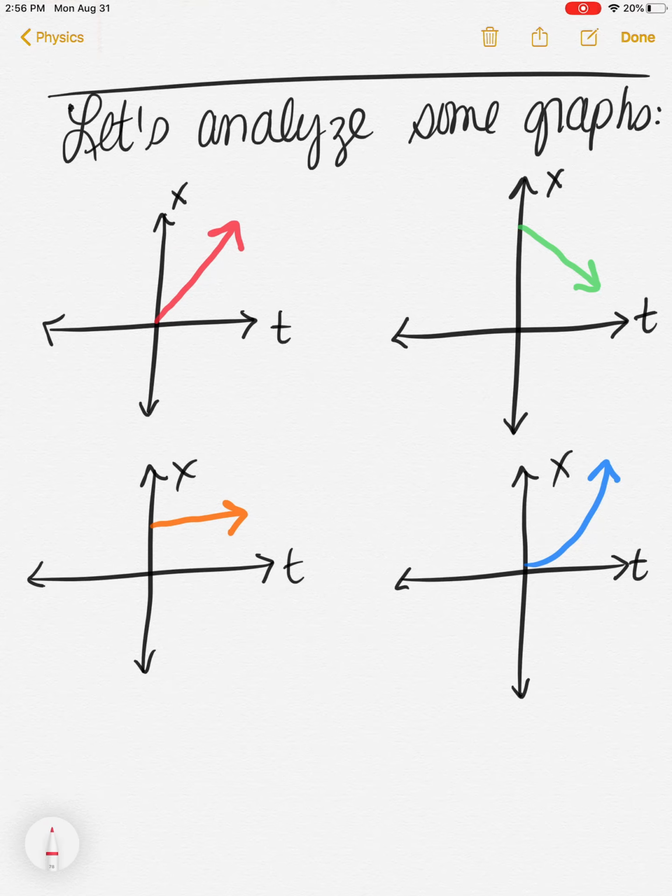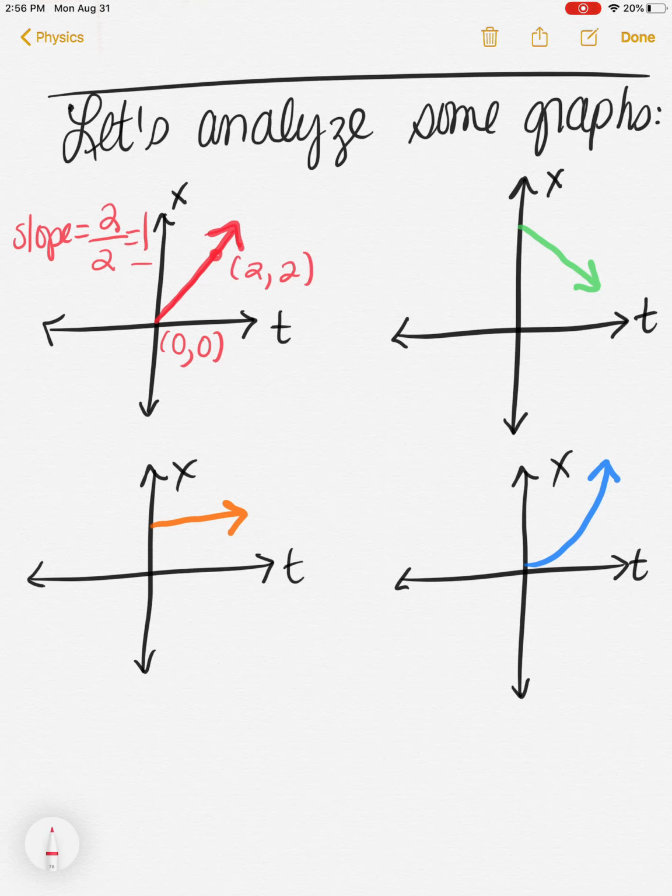All right, so if we look here at the red graph, you have a position that is changing. Like maybe we say that this is up here at the point 2, 2. So you've moved 2 meters in 2 seconds, and you started at 0, 0. So the slope of this line would be equal to 2 over 2, which is 1.